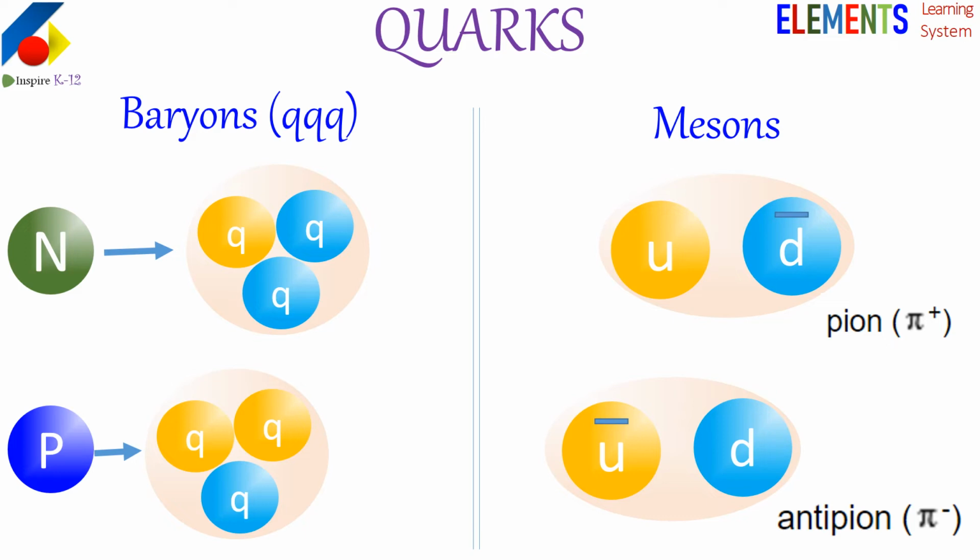When they join 2, the examples are mesons: 1 up quark and 1 down, but you see a bar on the down, which means it's an anti-down, antimatter. Likewise, it makes a pion, and an anti-up and 1 down makes an antipion. So when 2 of these join, this category is called mesons.